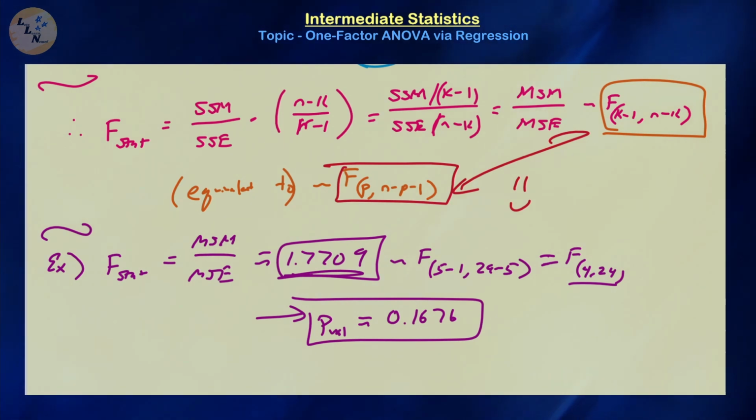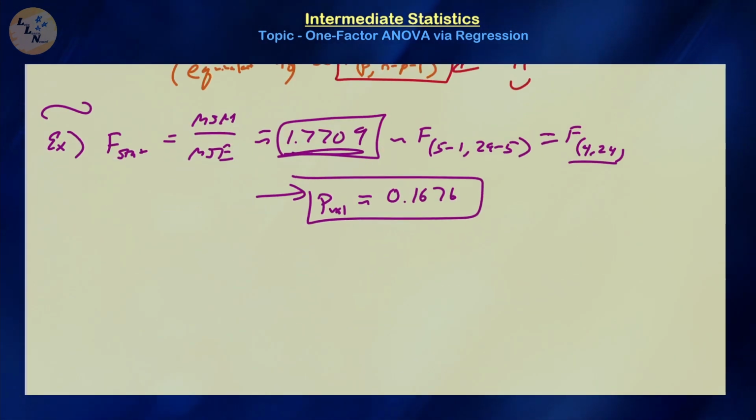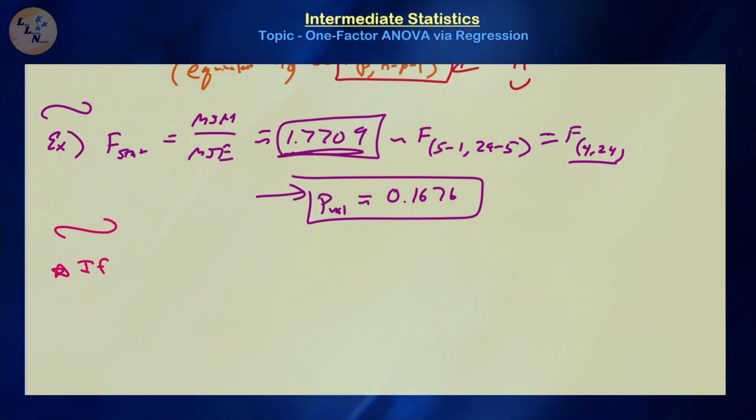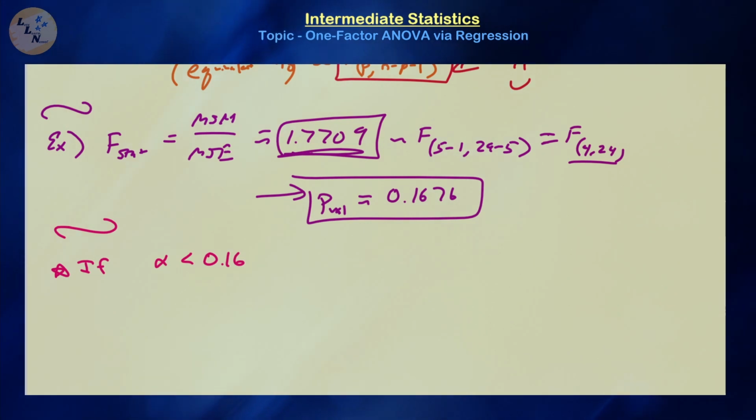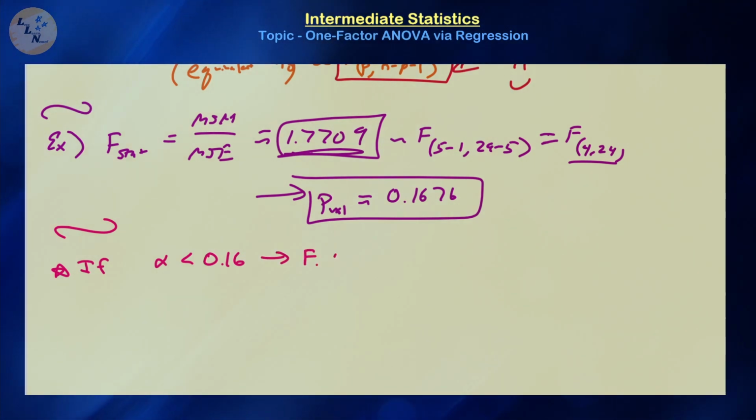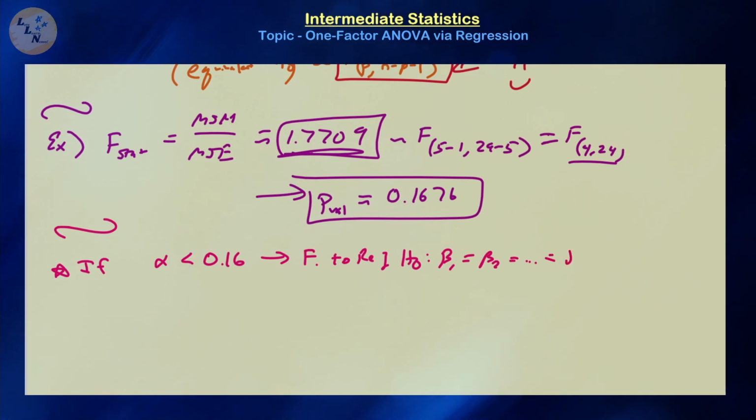So if you're using a 5% level, then that p-value would be greater. So if you are working with an alpha value that is less than 0.16, let's say, that means our p-value is not low enough to reject. That means we're going to be failing to reject the null hypothesis that beta 1 is equal to beta 2 is equal to, all the way down to beta k minus 1, which is beta 4, is equal to 0.